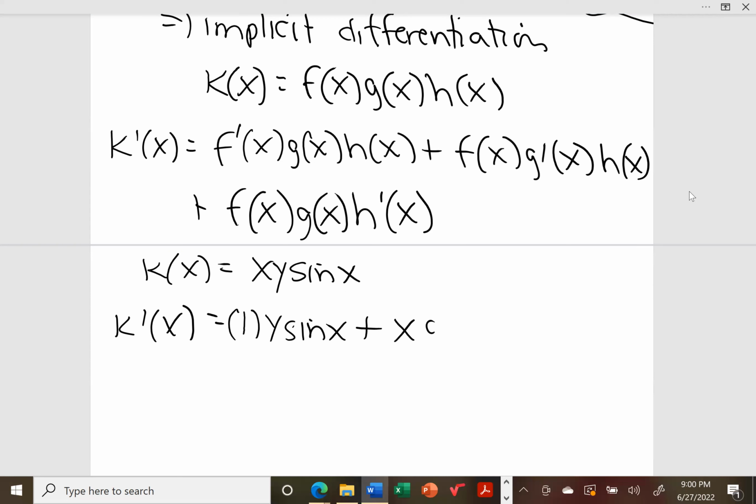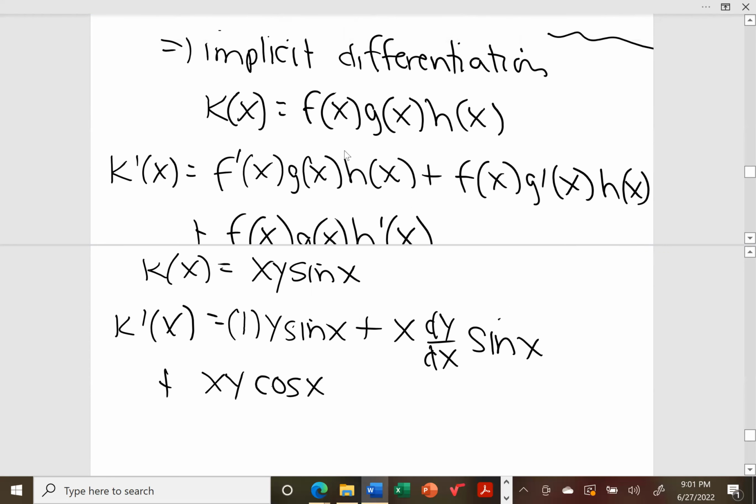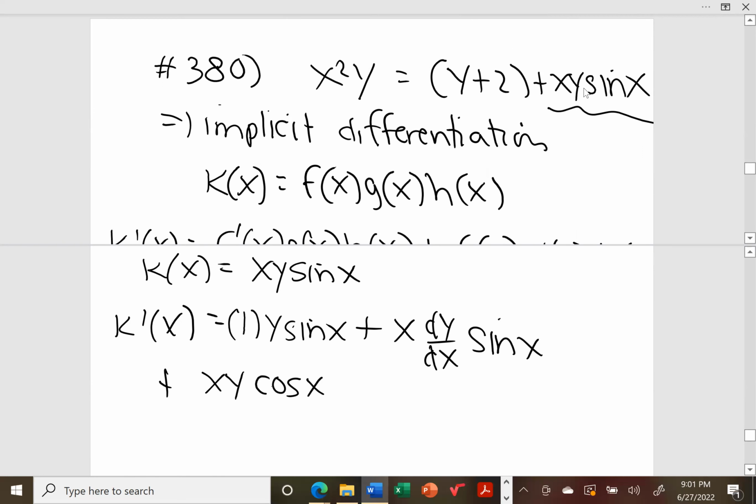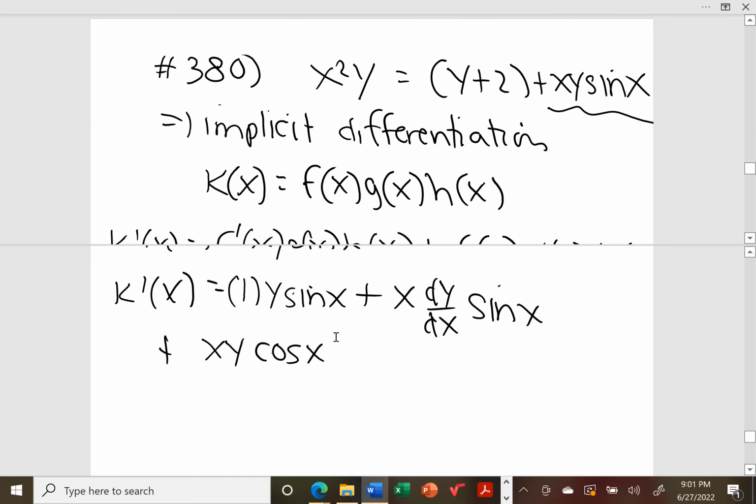We have x dy dx sine x. And then for the last term we're going to have xy cosine x. So in other words, in this expression up here, just this xy sine x, its derivative is what we just saw here.